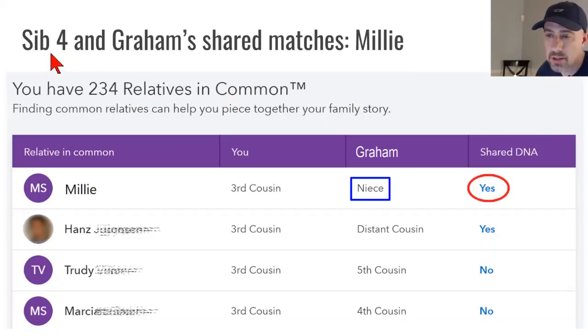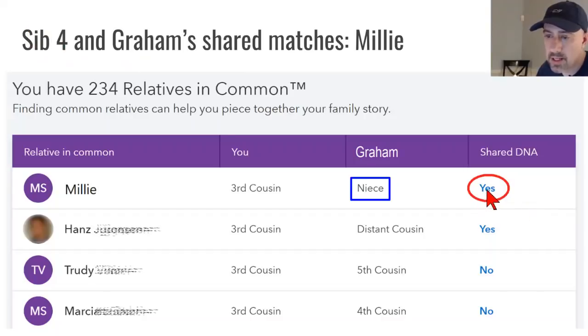So my sister here and Graham have a list of shared matches, and Millie, Graham's niece Millie, is on their list of shared matches. So this shows up nicely, and Millie is showing up as Graham's niece. And in this column here that says shared DNA, we have a yes. That yes means that they triangulate with my sister, sibling 4 here.